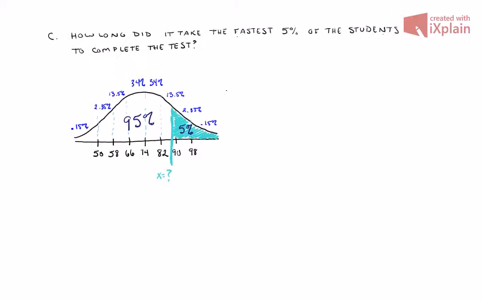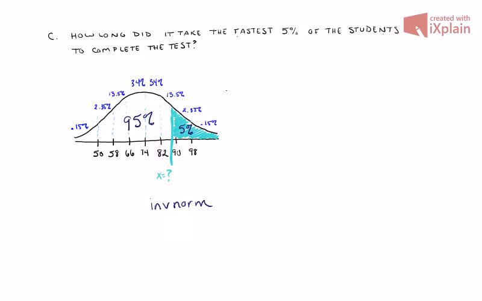In this case, because we are going the opposite way, they've provided you the probability. They're giving you the top 5%. This time you are asked to find the data value. We are going to use inverse norm in your calculator to help us find this.